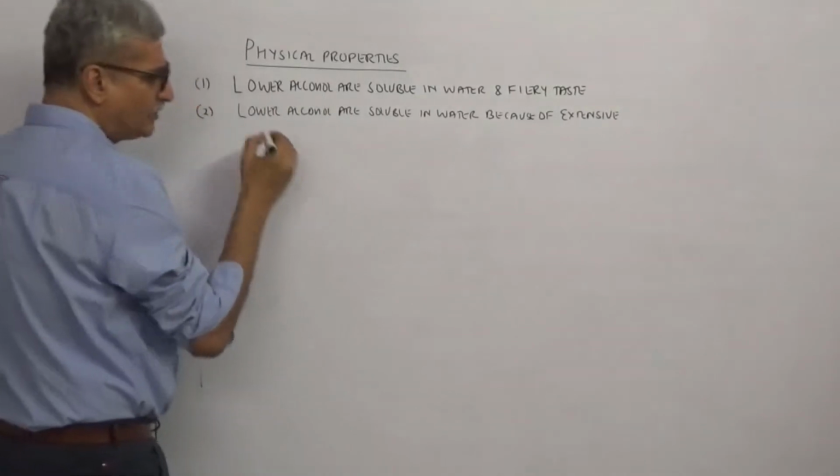Lower alcohols are soluble in water, and they have a fiery taste. Now that we have talked about solubility, listen, one by one we will look at the solubility part. Hydrogen bonding.